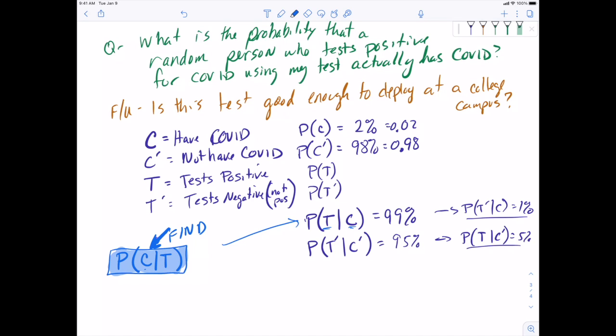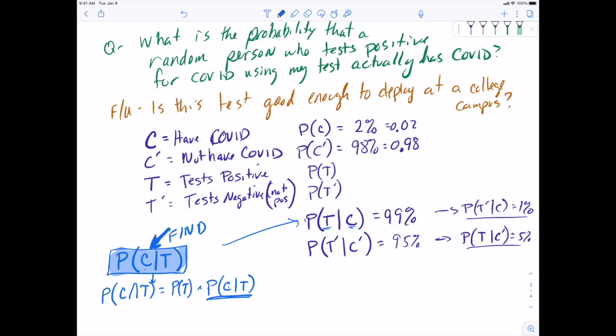So if we're going to try and back into this one, we're going to need to use our formula that says the probability of C intersect T equals the probability of a positive test times the probability of C given a positive test.